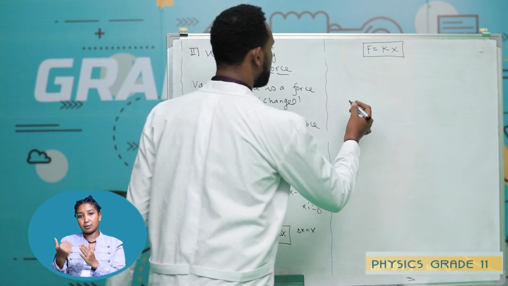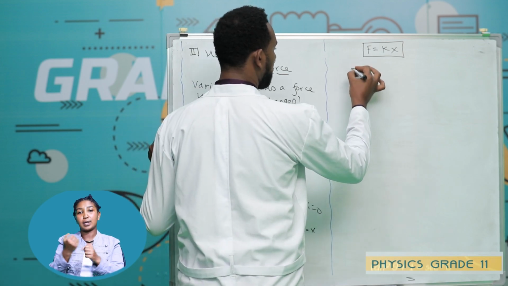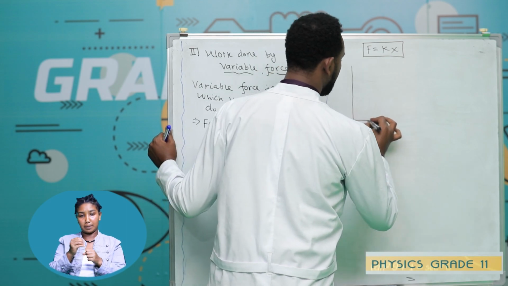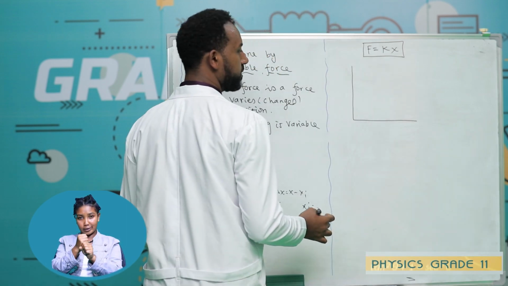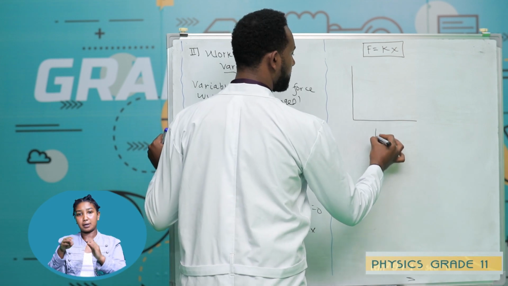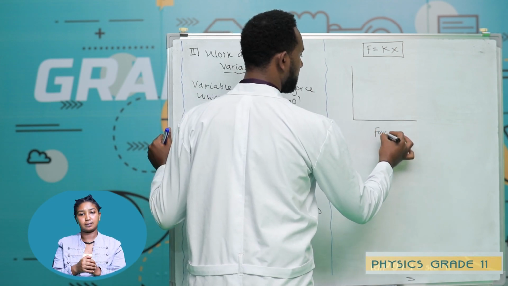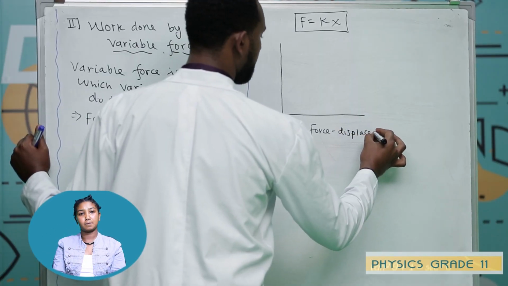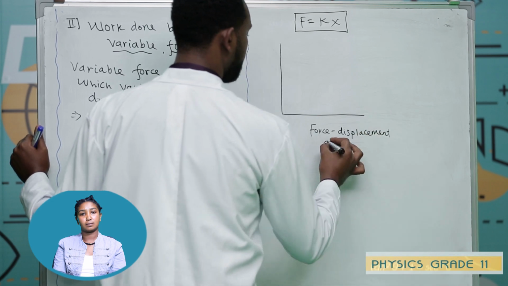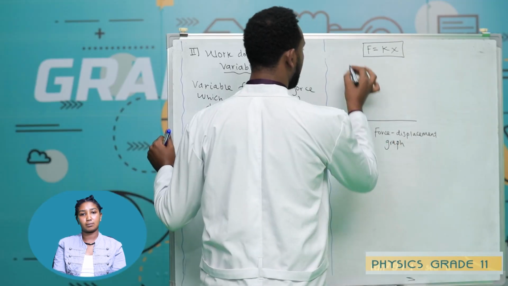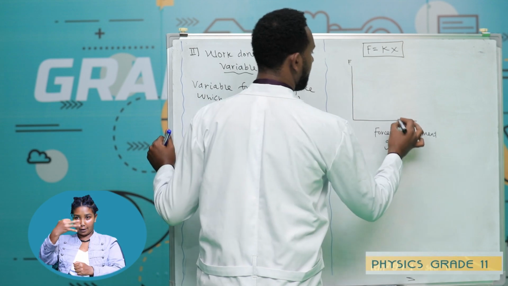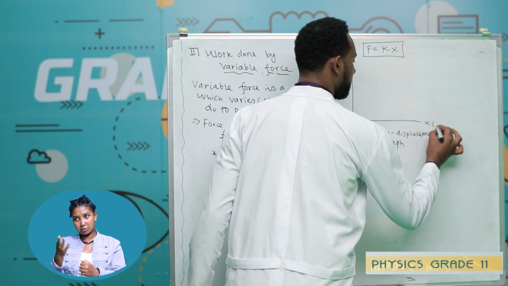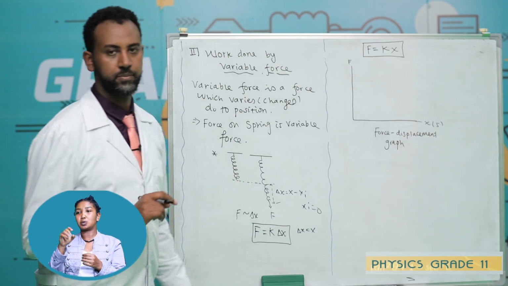In a previous concept, we have seen that work done by constant force can be represented on a force displacement graph. Look here, the force F, and here you'd have a displacement x, or in the previous concept we used it as s.